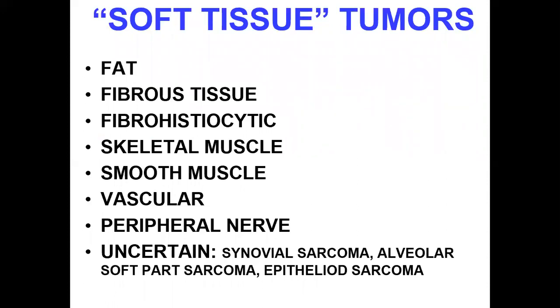Soft tissue tumors may arise from fat, fibrous tissue, or fibrohistiocytic region, skeletal muscle fibers, smooth muscle fibers, or vessels, or peripheral nerve, or in certain tumors there is uncertainty about the cell of origin, like synovial sarcoma, alveolar soft part sarcoma, epithelioid sarcoma, or clear cell sarcoma. Their origin is uncertain.